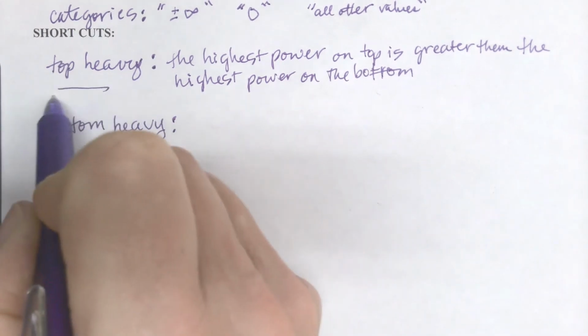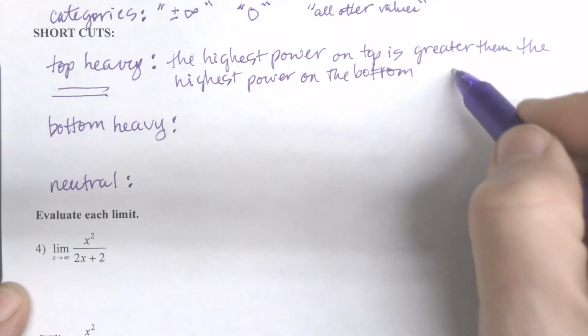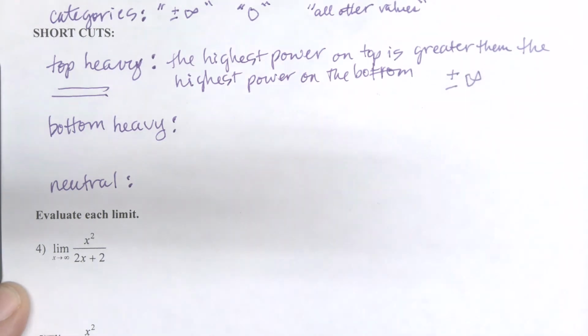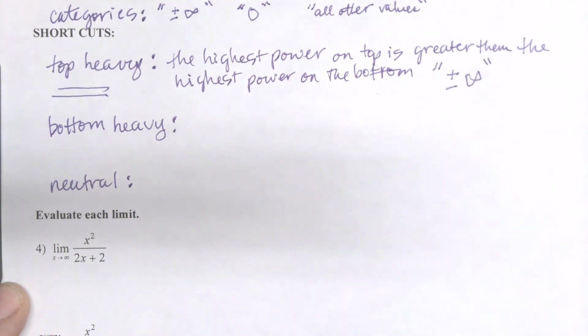And when this is the case, that's when we're going to get a plus or minus infinity for our answer. So top heavy gives us the plus or minus infinity category.